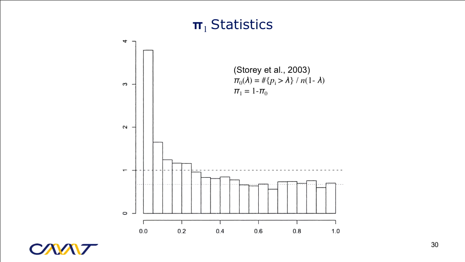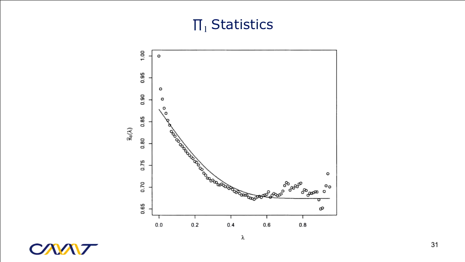So what the Pi1 statistic does is that it computes the empirical number of p-values that are greater than 0.6, and then divides that by the theoretical number. And then 1 minus that will be what people call the Pi1 statistic. But of course, depending on the lambda that you choose, you might get a different Pi1. So what people do is that they use all different lambdas and then fit a spline through it and look at the value at lambda equals 1.